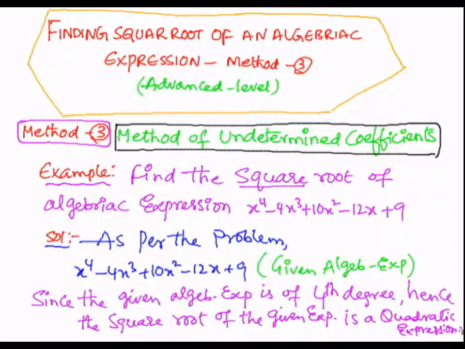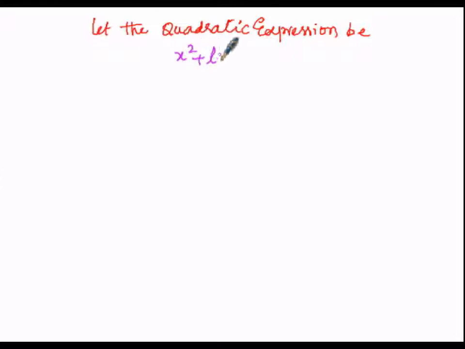So let the quadratic expression, which is nothing but the square root of the given expression, be x square plus unknown coefficient Lx, so the x coefficient is L, plus unknown constant m.